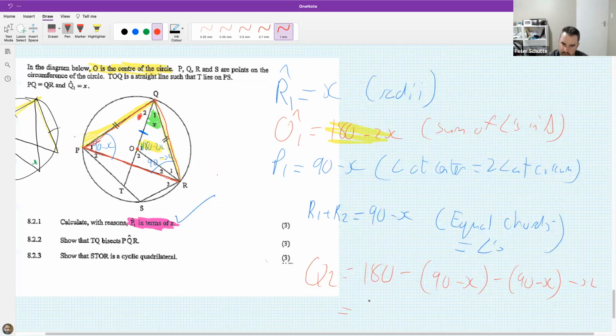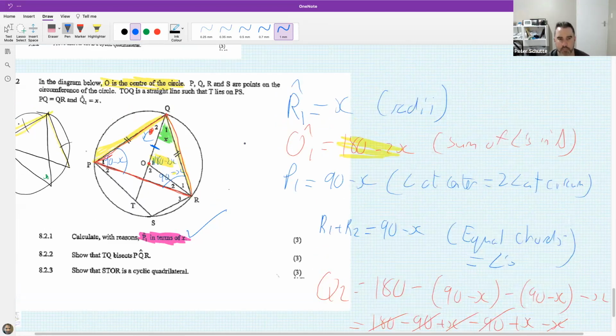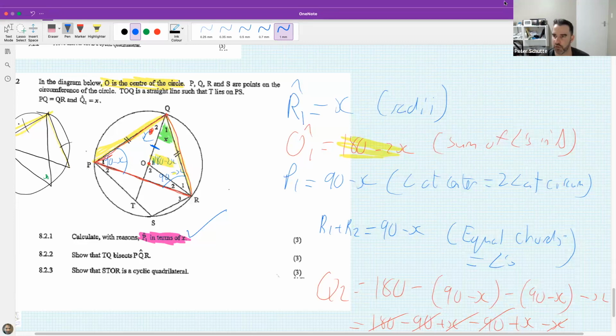So let's see, 180 minus 90 plus x minus 90 plus x minus x. That knocks that out, that knocks that out, and I'm left with just x. So this would be x. There might be other ways of doing it, but that's the way that I just thought of right now.